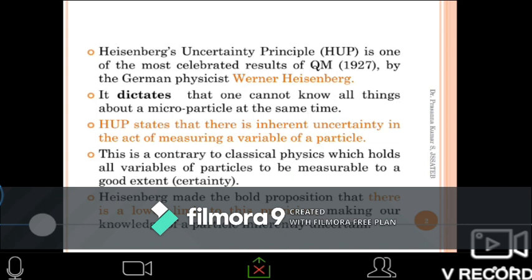The Heisenberg uncertainty principle states that there is an inherent uncertainty. It means it is already present inherently. There is inherent uncertainty in the act of measuring itself.